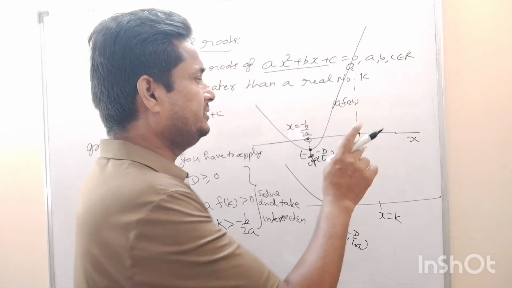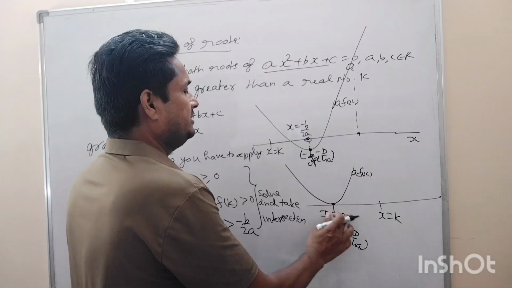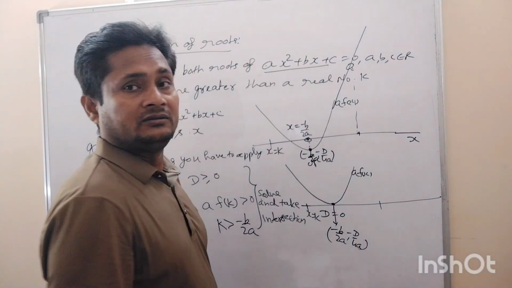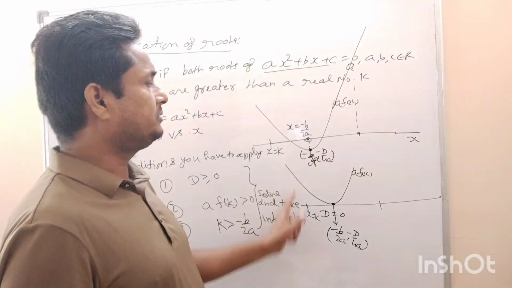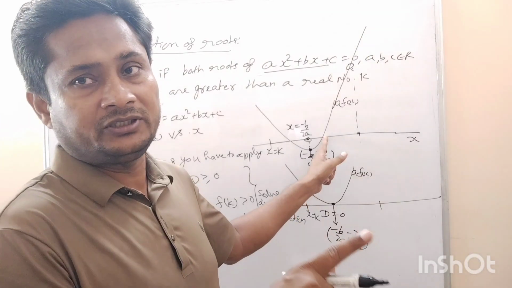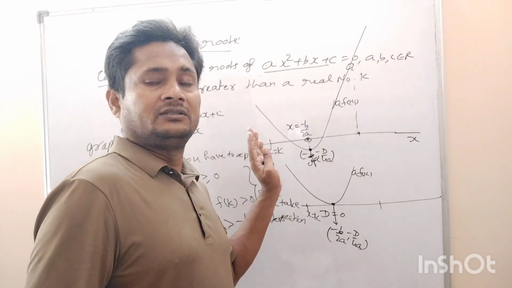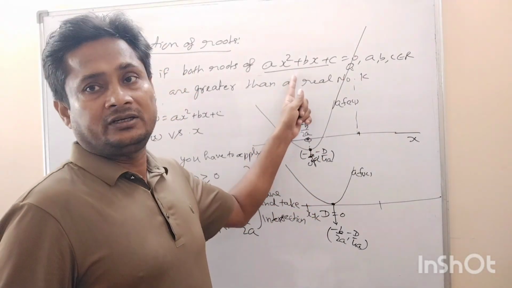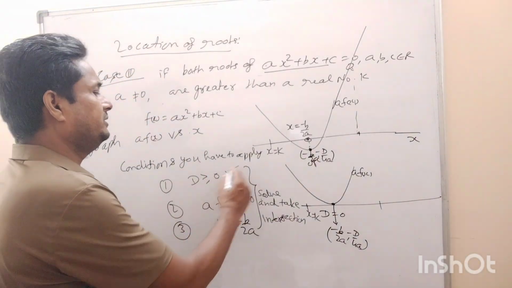In this case, k will be this side of x is equal to k. What will be the conditions? In this case also, both roots may be distinct and both roots may be equal. For these two cases, the condition will be true. So this is the first condition.